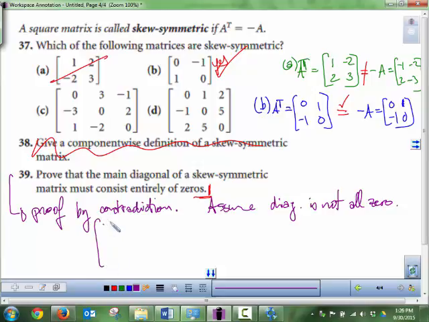Maybe some of them are 0, but let's just assume that the first one is not 0. So I'm going to put stars. Whatever. So assume that the diagonal is not all 0, so let's just say that star here is not 0.